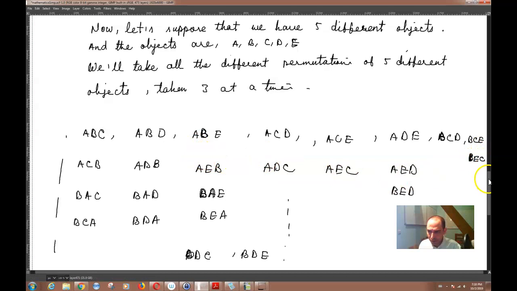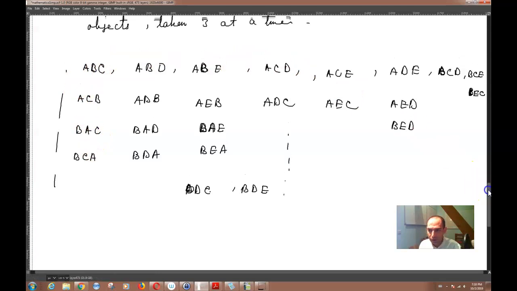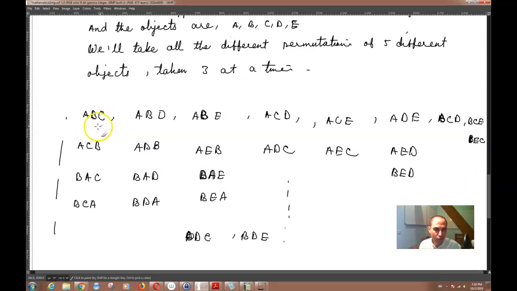And 3 factorial means basically 6 permutations, meaning that if you keep doing the same thing, all the permutations related to the 3 letters, for example, A, B, and C, would be 6 permutations here. There are six different ways of switching or rearranging these letters, and then you would get all the different permutations of the letters A, B, and C.